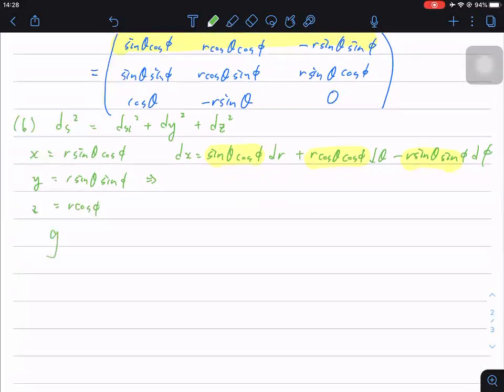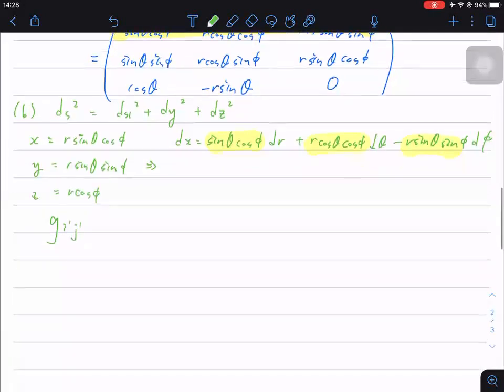So now we want to find G in the new coordinate system, in the spherical coordinate system. So let's say G i prime j prime equals the metric in Cartesian coordinates, and also perform the transformation. Not use i prime here.